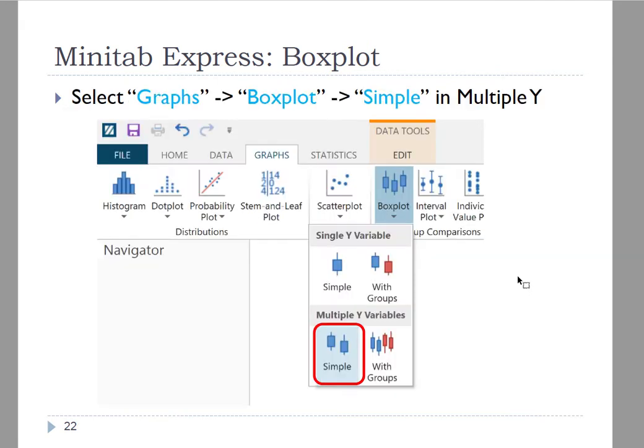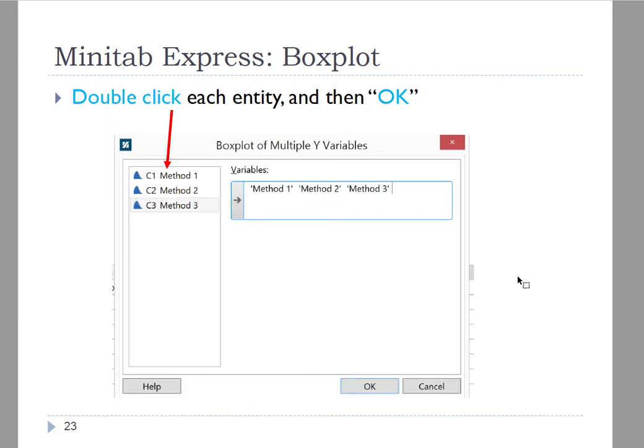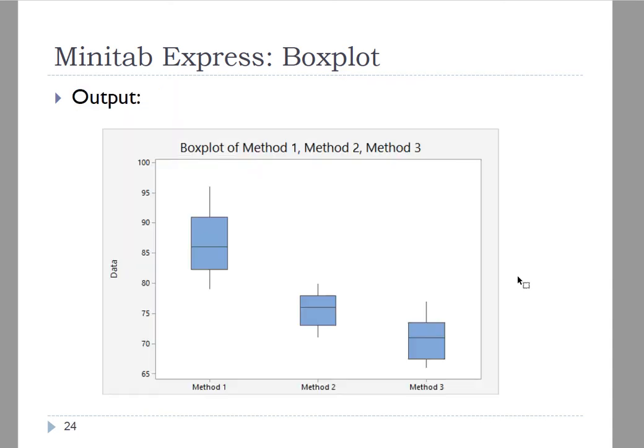In Minitab Express for the box plot, you're going to select Graphs, then go to Box Plot, then Simple, in Multiple Y, because we're doing a single-factor ANOVA. Then you're going to double click each entity and hit OK. All right, and this should be your output. So I recommend practicing that as well.